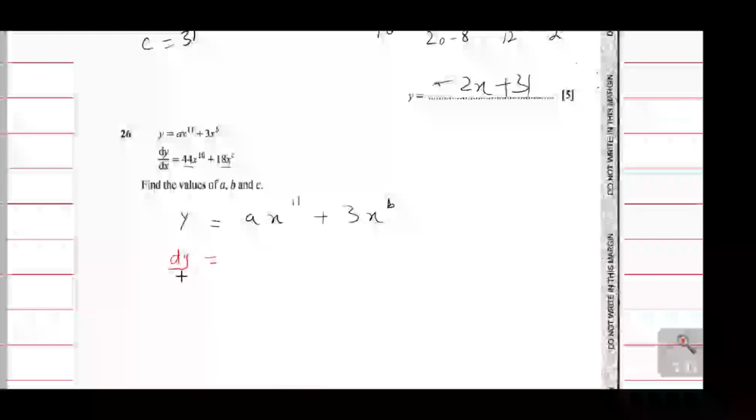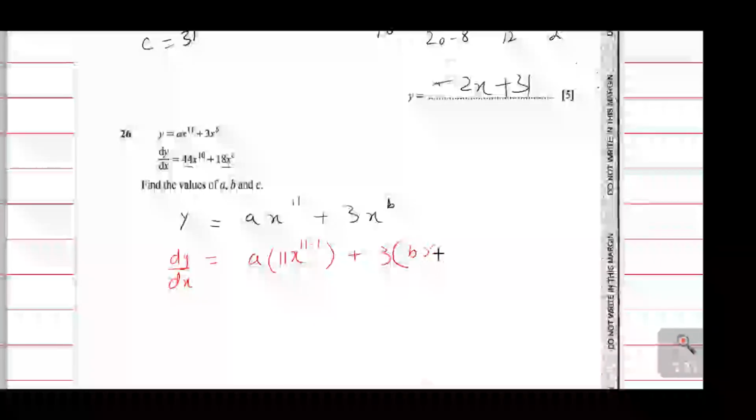We get dy/dx equal to a into the derivative of x^11, which is 11 into x^(11 minus 1), plus 3 into b x^(b minus 1).